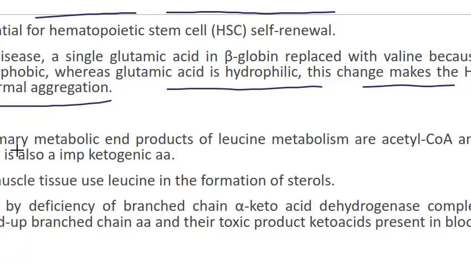So leucine is one of the ketogenic amino acids. Ketones are formed as the primary end products of metabolism, right? The products are acetyl coenzyme A and acetoacetate. This is called a ketogenic amino acid. Is it clear?